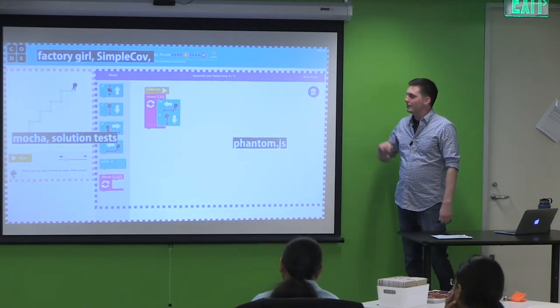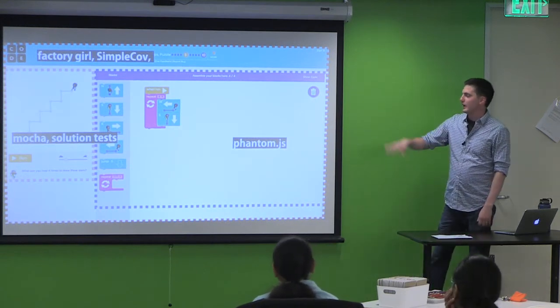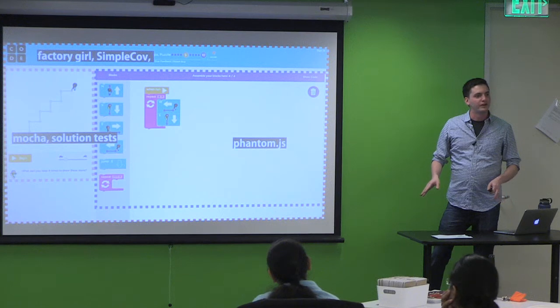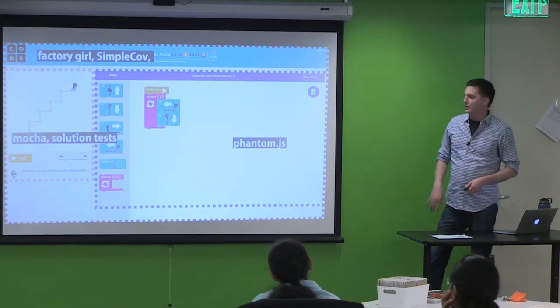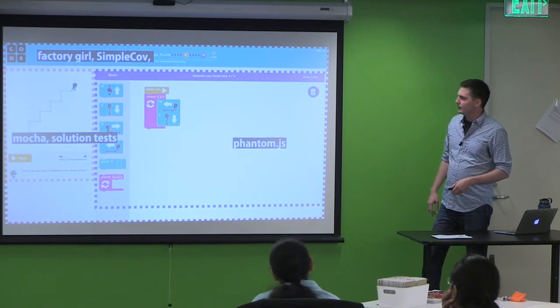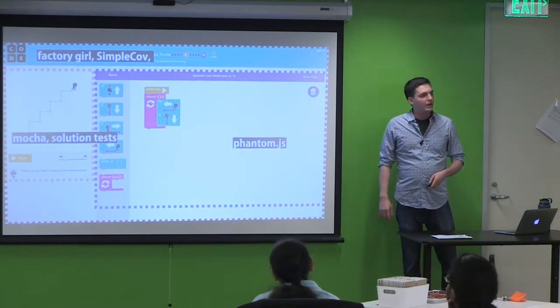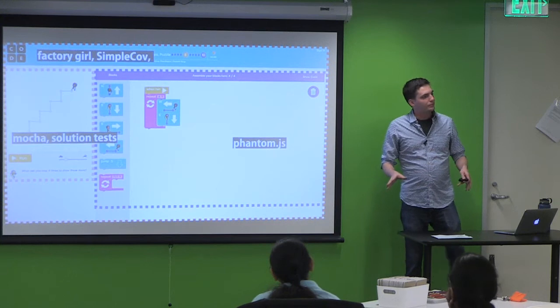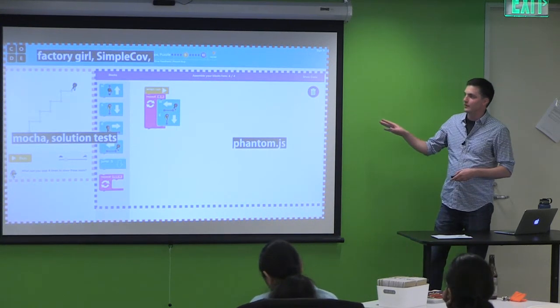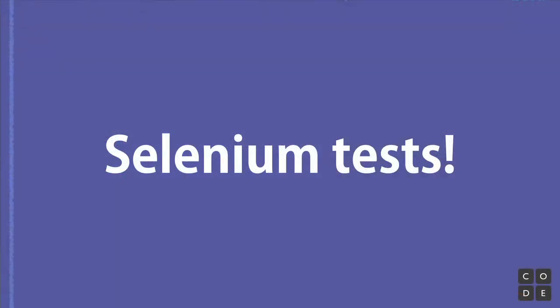On the apps side, we run Mocha. Actually, that also targets Phantom.js. Mocha is a nice framework for writing your tests in a very readable way. And on the dashboard side, Rails, we use Factory Girl, a nice way to define objects for your app. And we get test coverage measuring with SimpleCov.